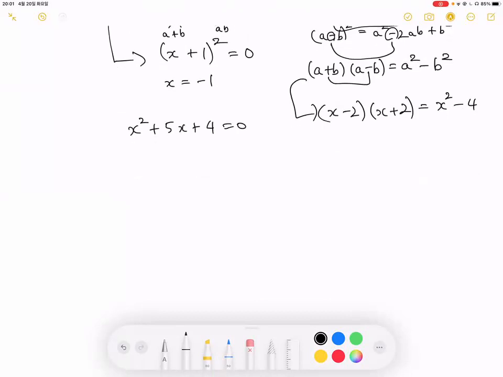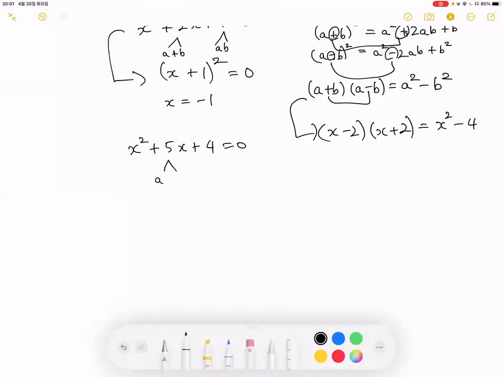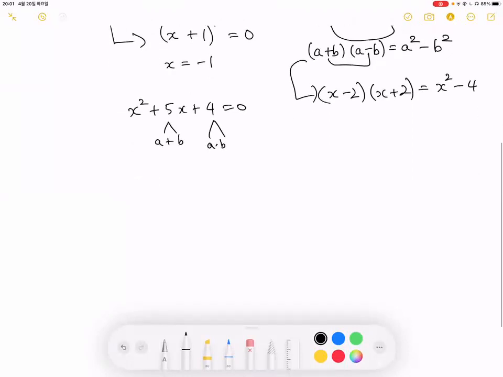If you haven't learned quadratic equations yet, you're in the right place. Again, think two numbers, a plus b, ab, right, times. Okay, so if you have thought of that, then you'll probably realize that the answer to this would be x plus 4, x plus 1.